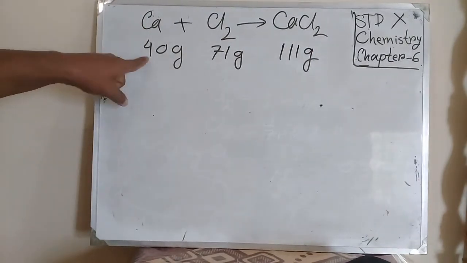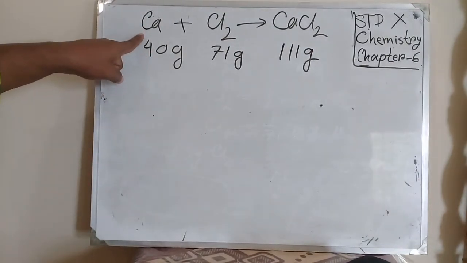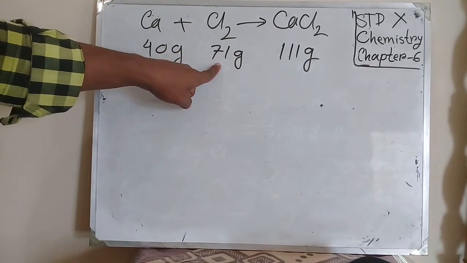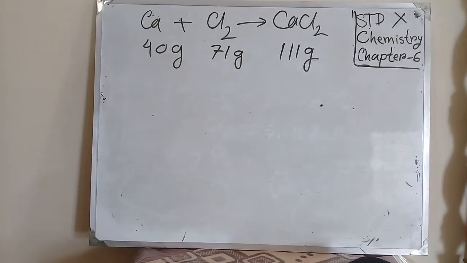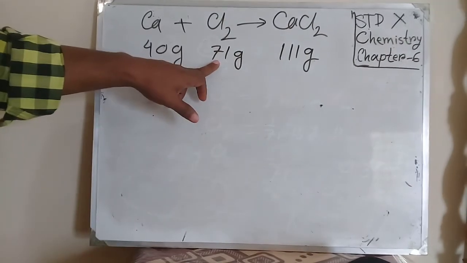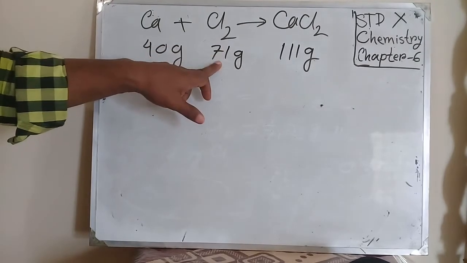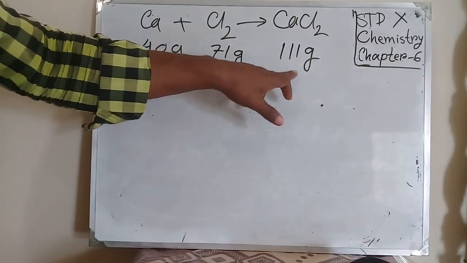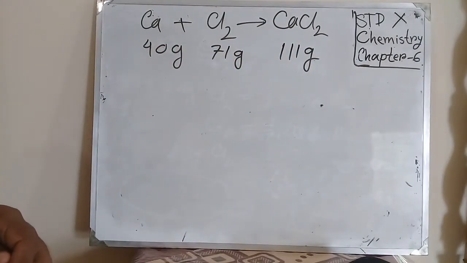So we have written the atomic mass of calcium, molecular mass of chlorine, and molecular mass of calcium chloride. So we need to write 71 gram chlorine. From 71 gram chlorine we can get 111 gram calcium chloride.